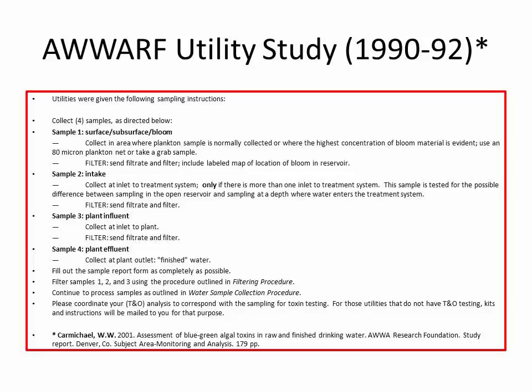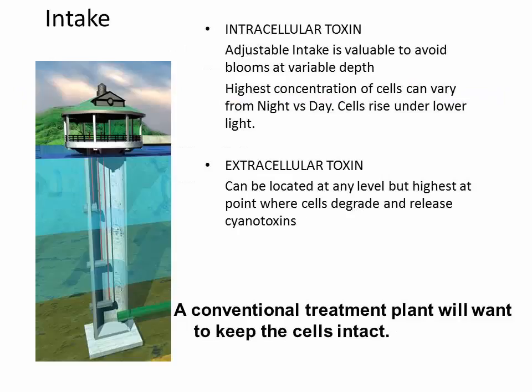Other things that are a bit of consideration: most utilities, when they place their intakes, have the ability to withdraw water at different levels. Primarily that's because sometimes in the wintertime, if they are down in the anoxic zone, then they've got more concerns about taste and odor, so they'll bring their intakes up. Likewise, if there's a bloom down here, then you can move your intakes up or down to get around a bloom.